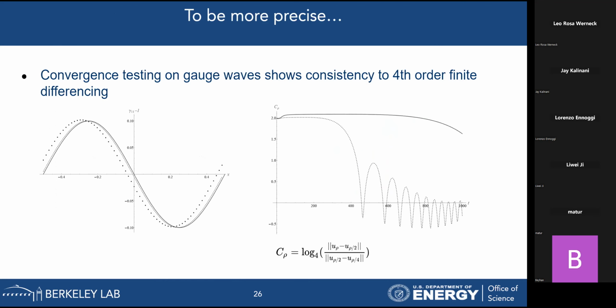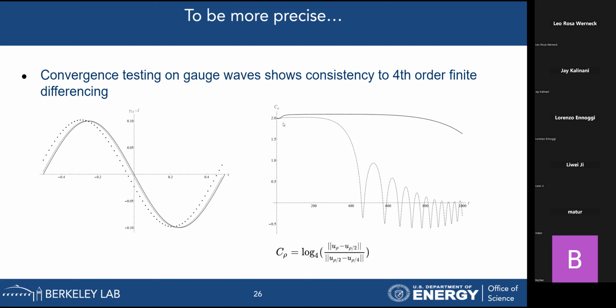So finally, to be really qualitative here, we did the simple testing for gauge waves, and on the left here is just an image of what the gauge wave looks like after 1,000 light cone crossings, with increasing resolution on the grid.